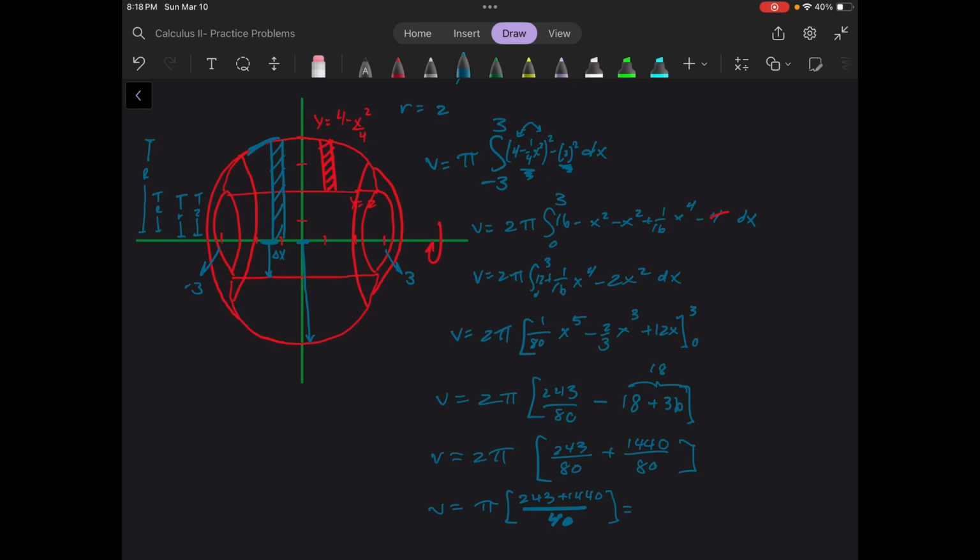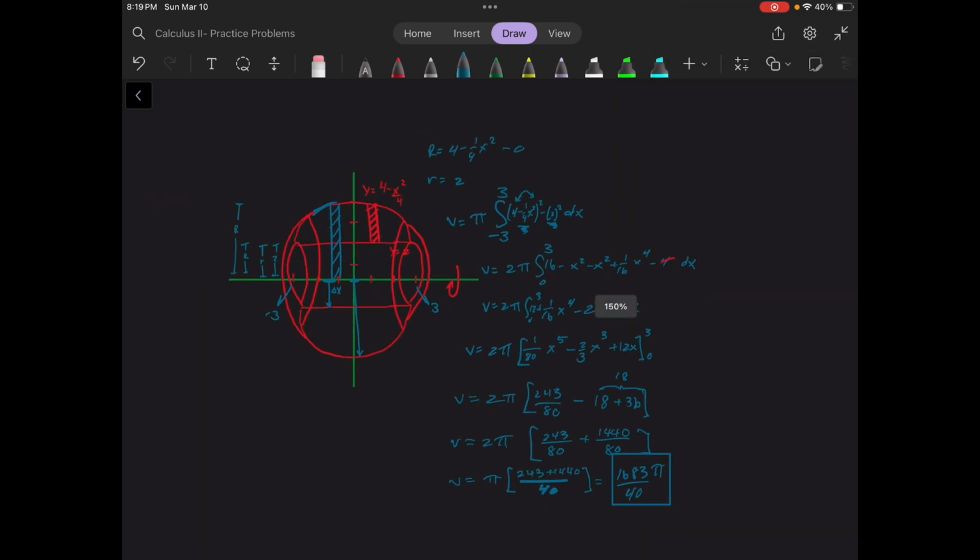And a little bit of simplification. Looks like we get to 1683 over 40 times π. So that is the volume of this solid.